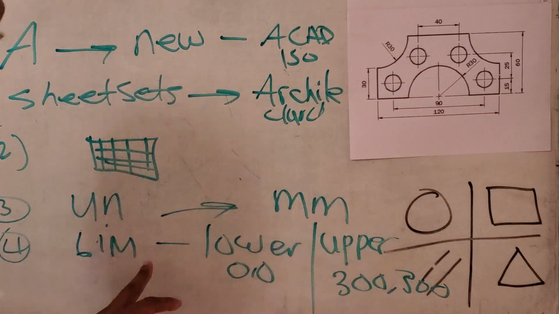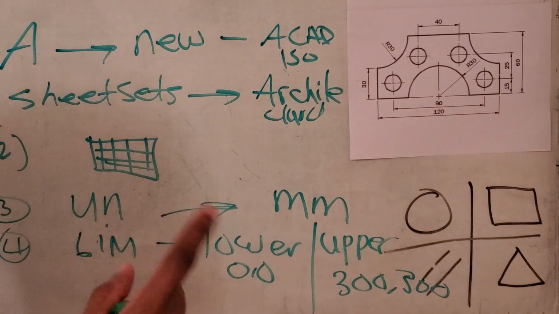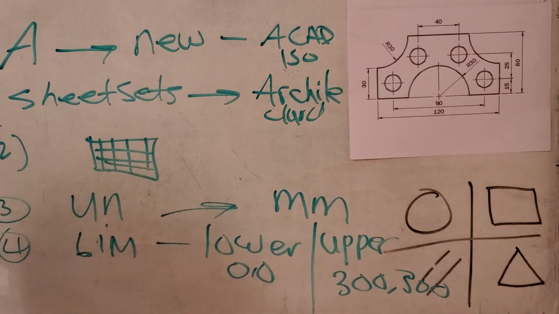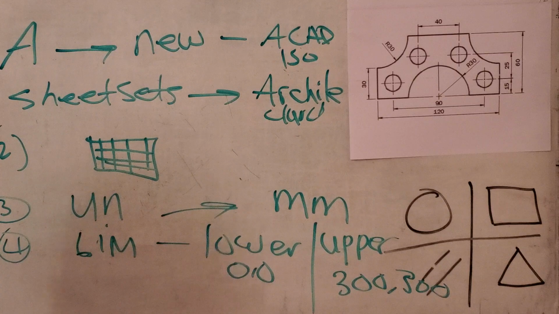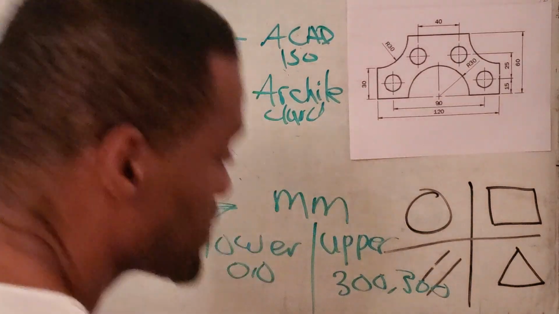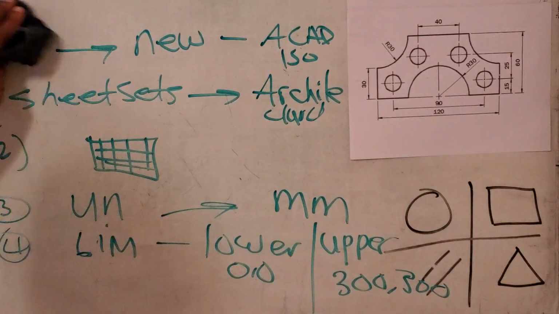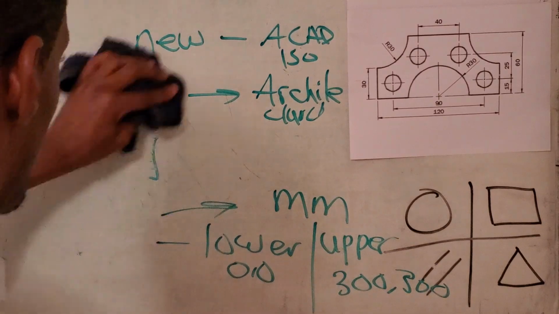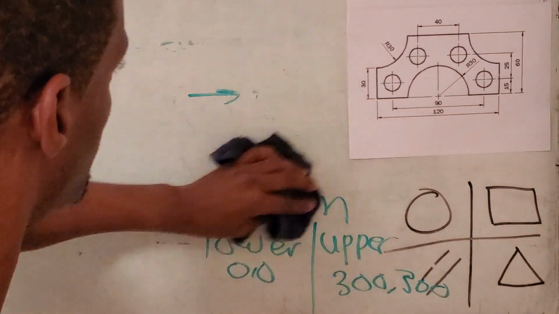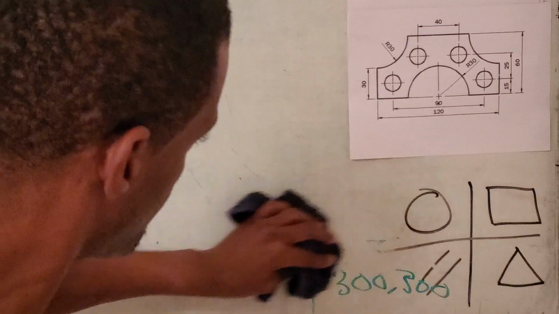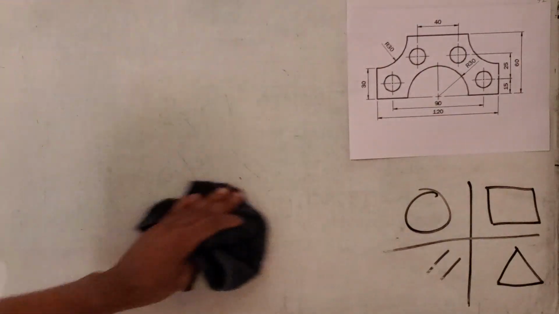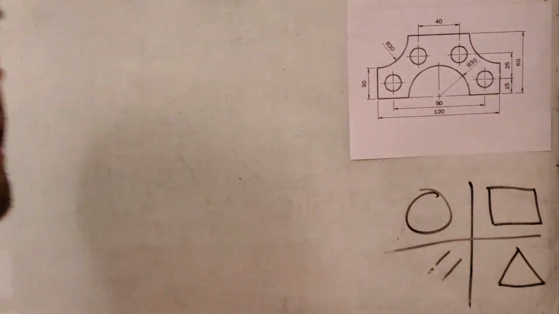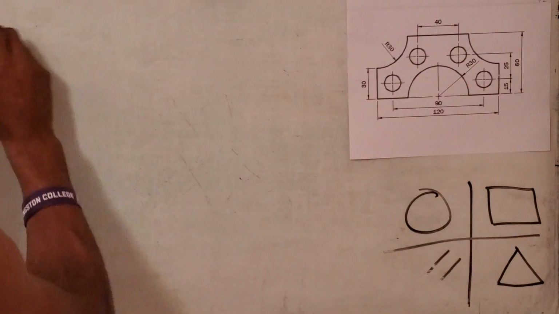And once you have entered this limit, you must type Z followed by the enter key, then press A followed by the enter key. After the limit, the next thing you need to set up is your layers. And for your layers, we type LA.